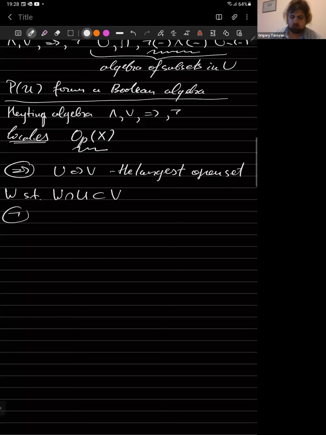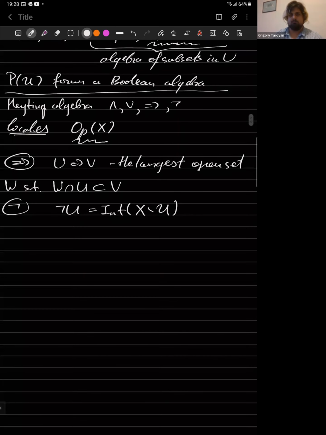And negation, so as to preserve open subsets, needs to be defined like this. So a negated open subset is the interior of the set theoretic complement if we are working with topological spaces, or it can be defined like this.